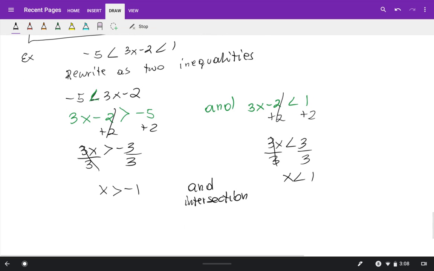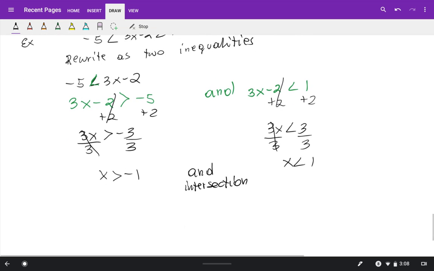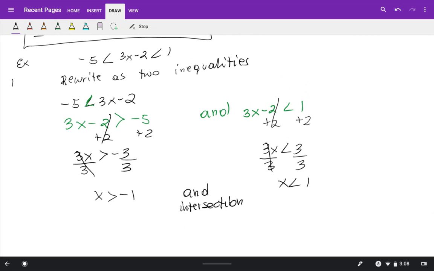So when you solve two inequalities, what you're going to do: first, we rewrite as two inequalities.